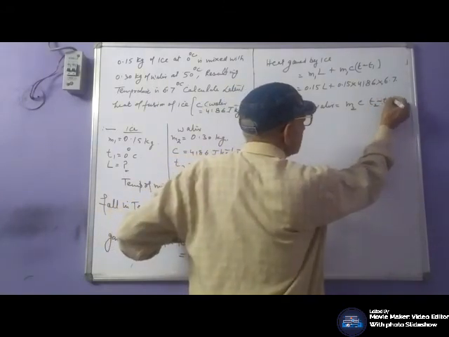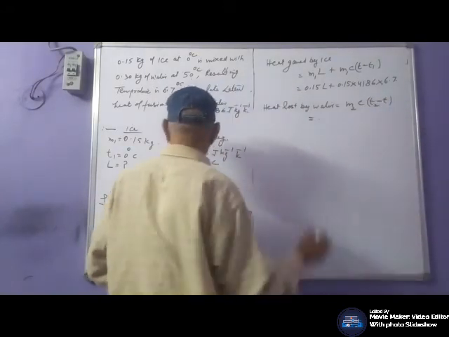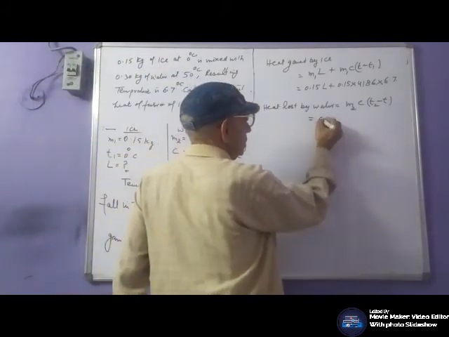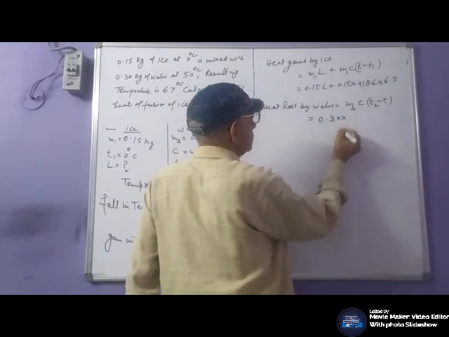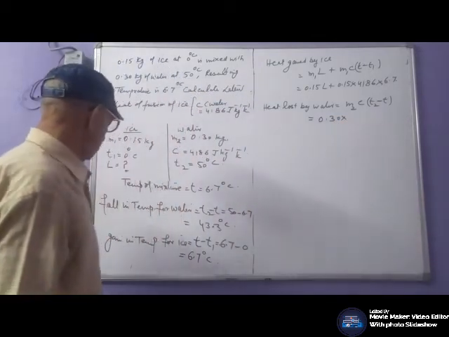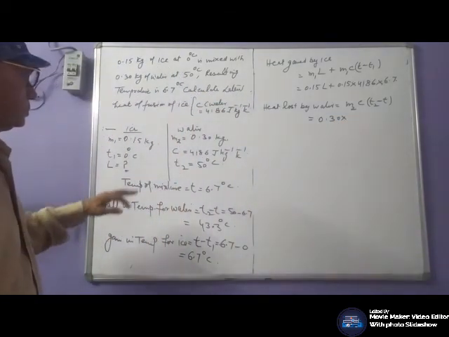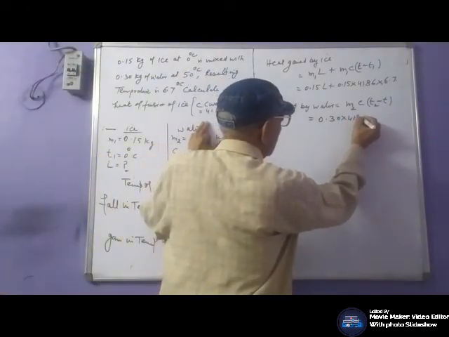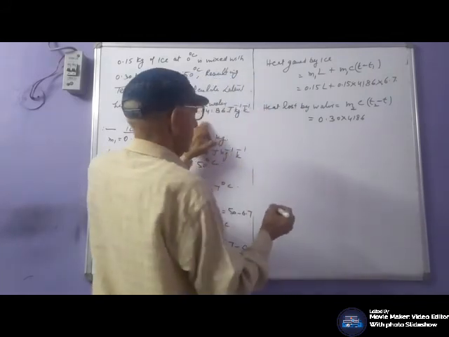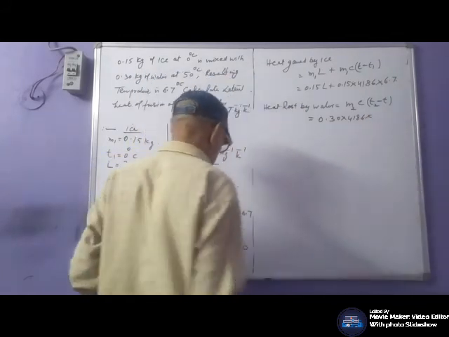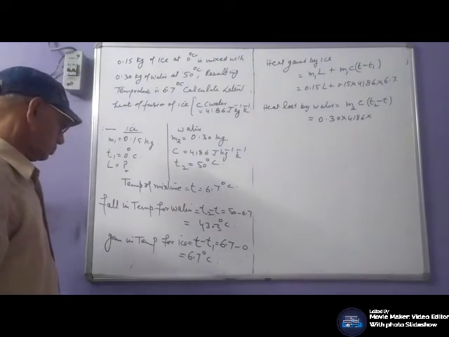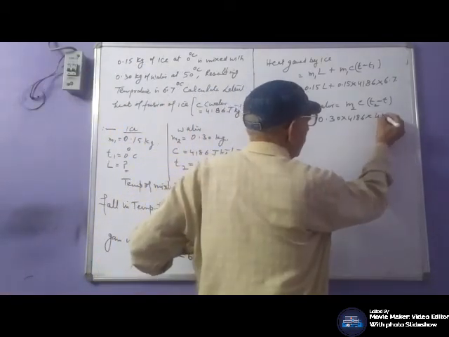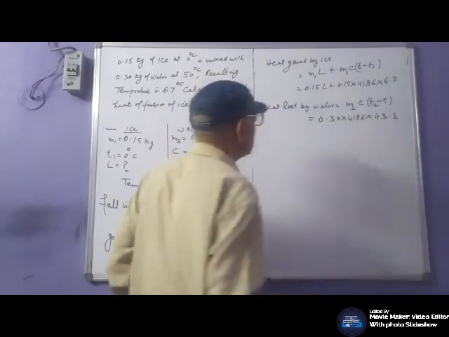M2 for water is 0.30, C is the specific heat 4186, into 43.3.